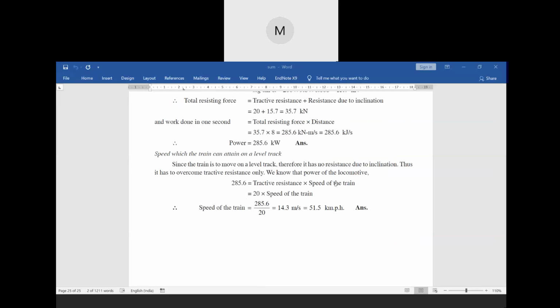So now once you are done finding out the power, what will come next? So you found out work done per second, which is power. Now there is one second part in the question, if you can see. So this second part is what?